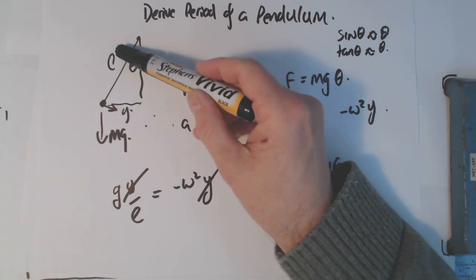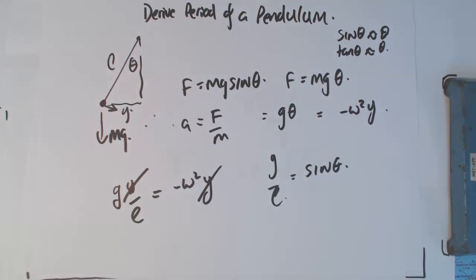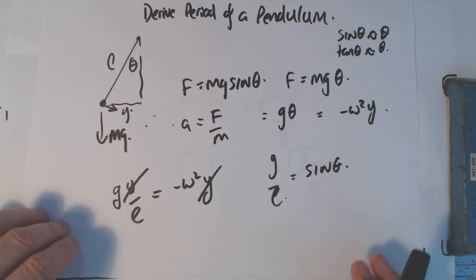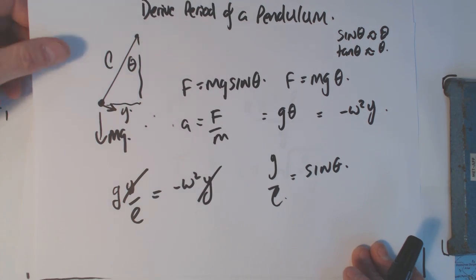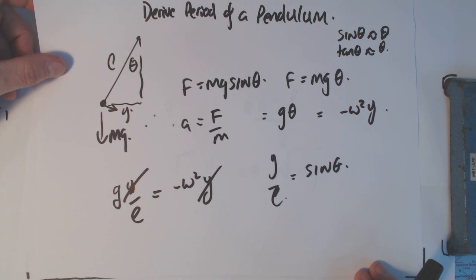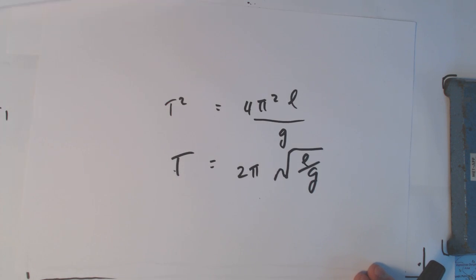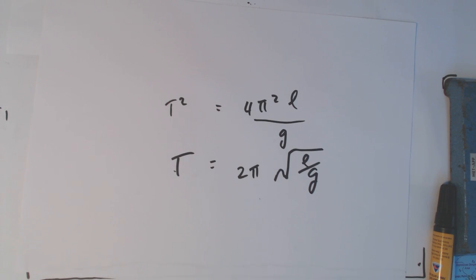And looking at y over L, we were able to say that is equal to sine of theta, so we were again able to get rid of our sine of theta on that side. So there are a couple of little tricks we did to do this. You don't totally have to understand them. I just wanted to show you how we went about doing that, and that it was very important that with a pendulum the angles were small for it to approximate SHM.